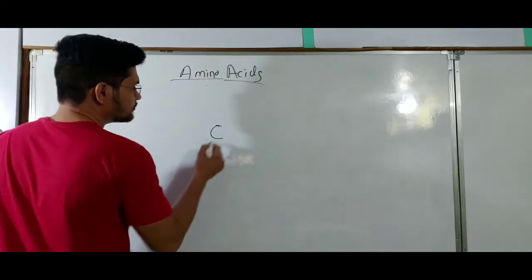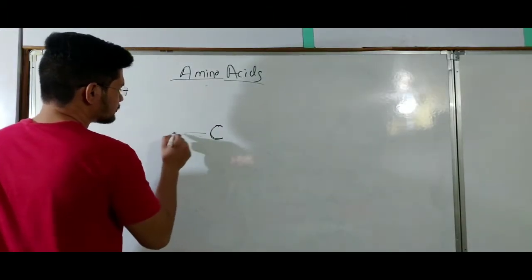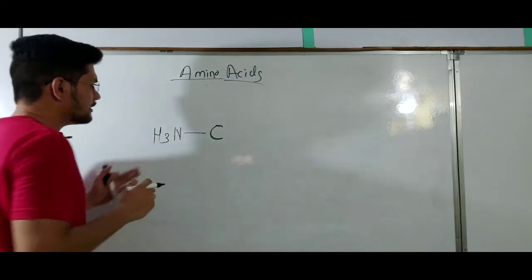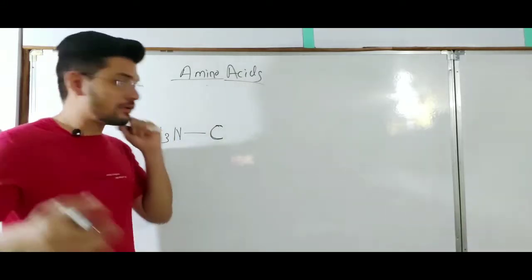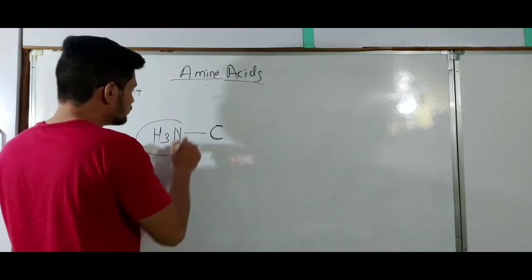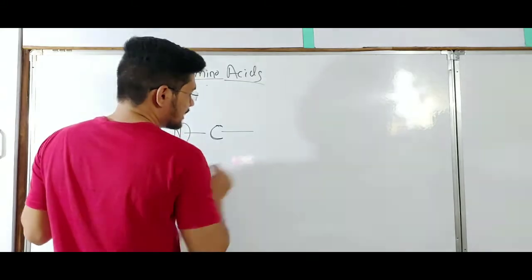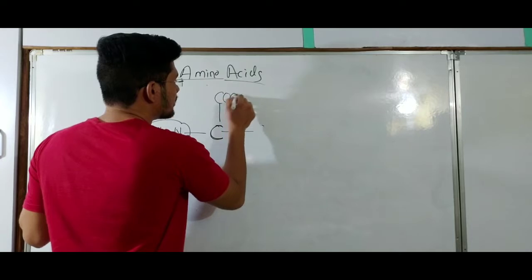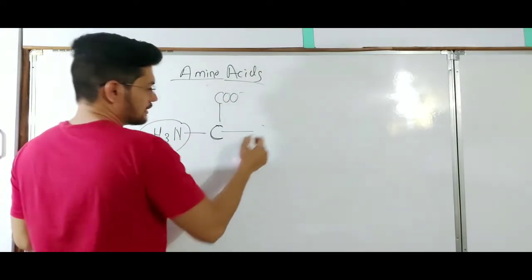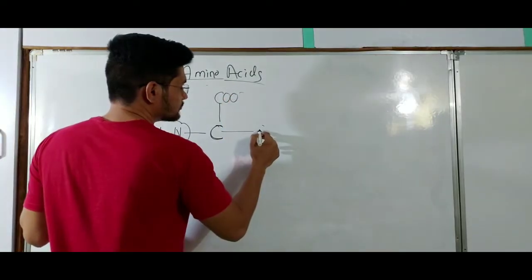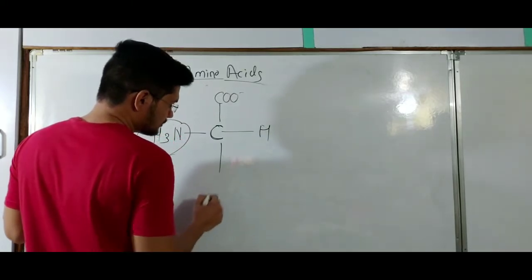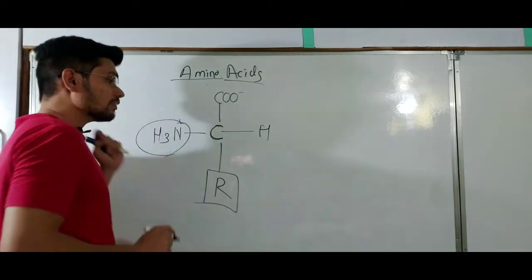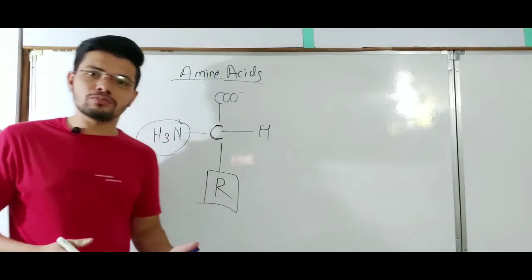If you look at the structure of the typical amino acid, it will look something like this. There will be a carbon, on which on one side there will be an amino group, one carboxyl group, one hydrogen and one functional group.